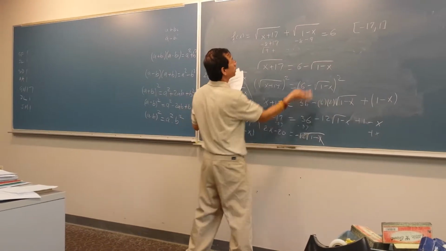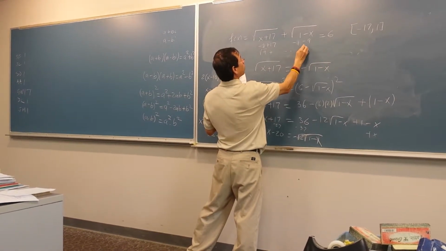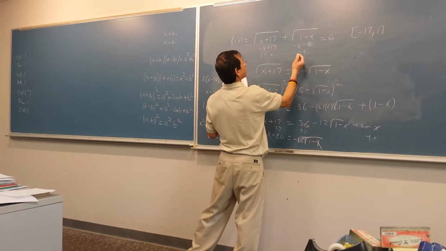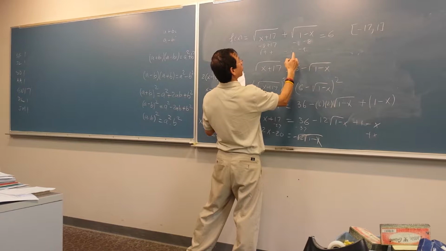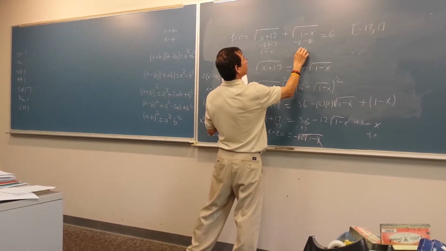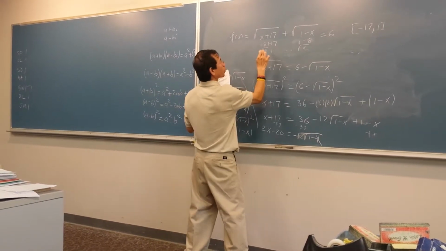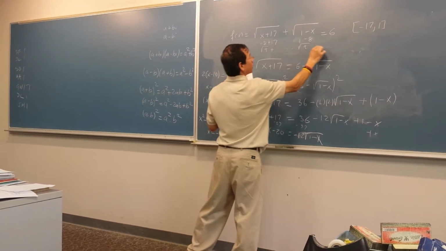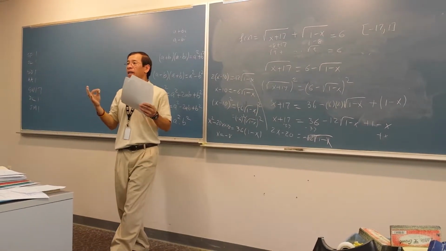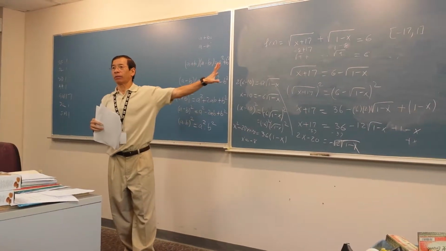Okay, so this one will be 1 minus minus 8, right? So minus of minus will be plus, so it will be 9, so square root of 9. Okay? Square root of 9 plus square root of 9 will be 6. So my x equal to minus 8 is the solution for this one, right?